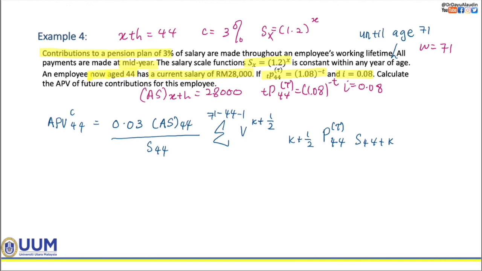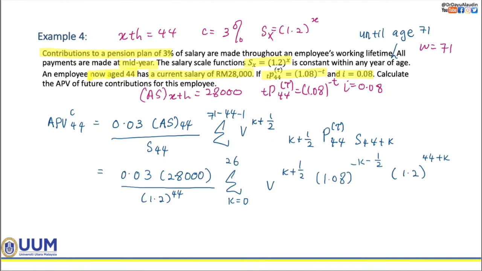So we take out the constant outside to make it easier. And then the upper bound is omega minus x plus h minus 1. Because it is mid-year, so this is half. And then we substitute the values inside.